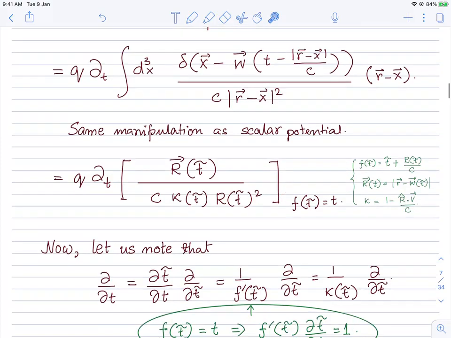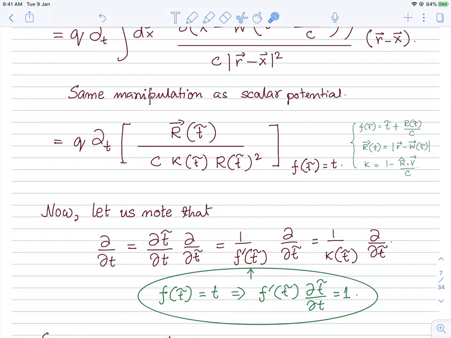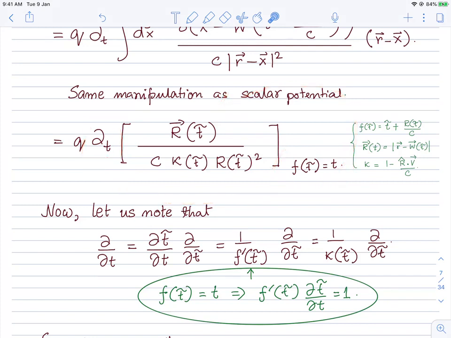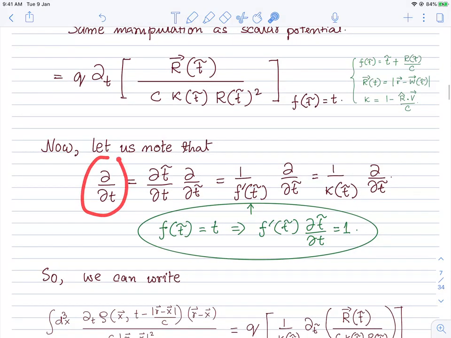In order to avoid this step of taking a t derivative at the end, we want to take the t derivative inside. What we have to do is change the differentiation to the t tilde coordinate. We can do that because the derivative with respect to t can be written as the derivative with respect to t tilde with this factor, which is dt tilde divided by dt.